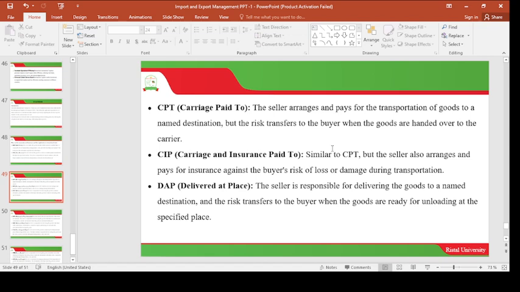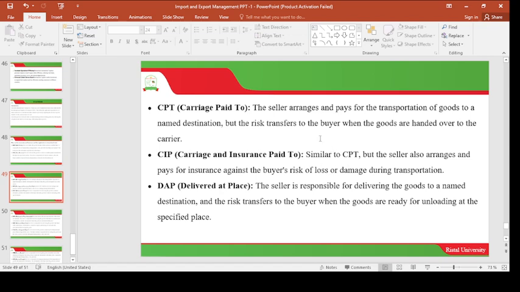It means the seller just pays for the goods to be moved until they are offloaded at the destination. But the risks associated with transferring these goods from the seller's place up to the buyer's destination are on the buyer. The work of the seller here is just to pay for the transportation of these goods.